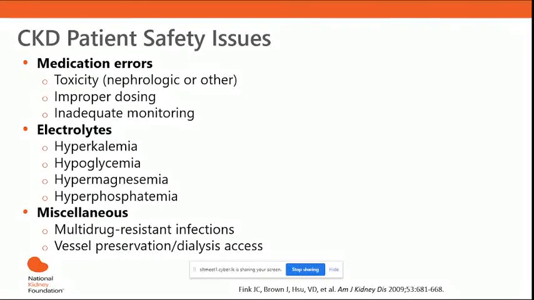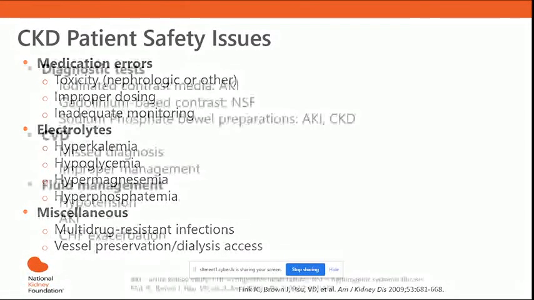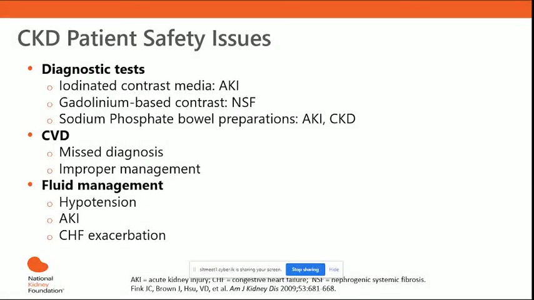They can also have electrolyte abnormalities, as I mentioned: hyperkalemia, hypoglycemia, hyperphosphatemia. And when you do diagnostic tests using iodinated contrast media, they can develop AKI.